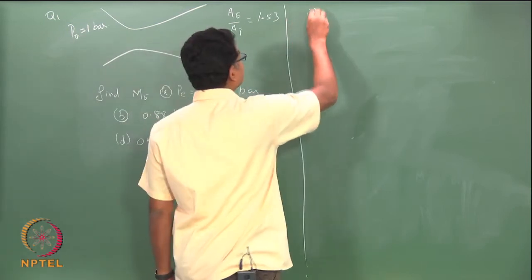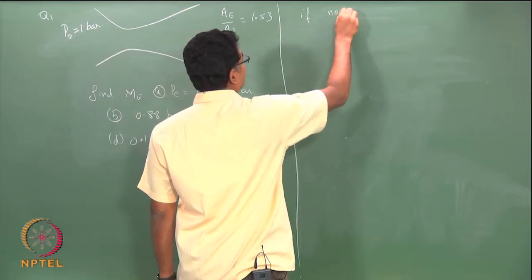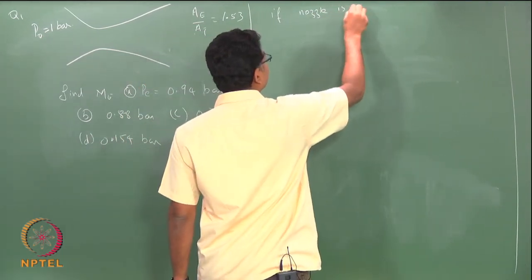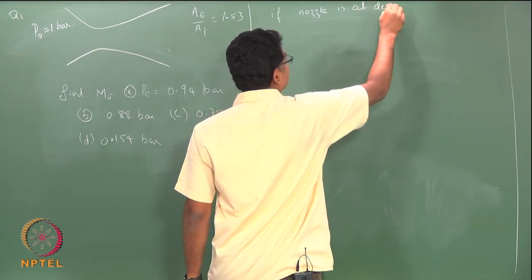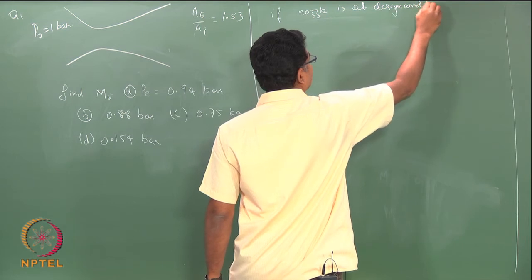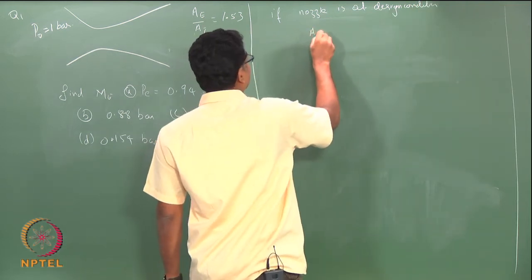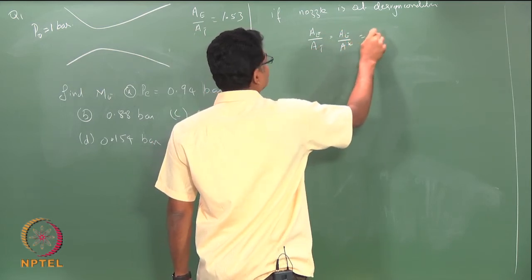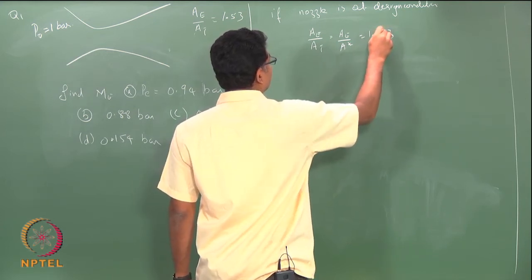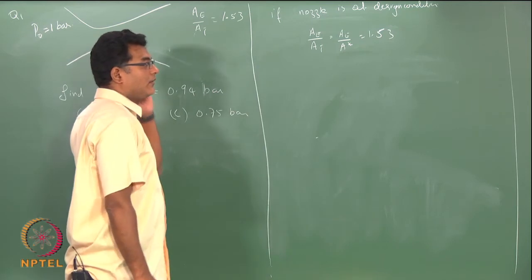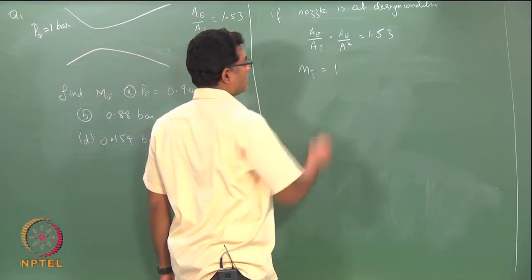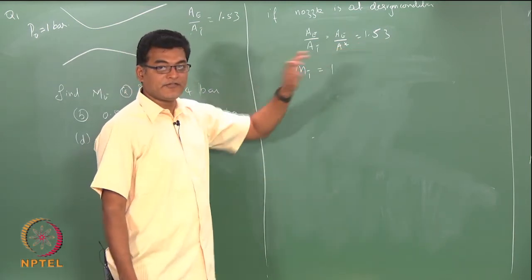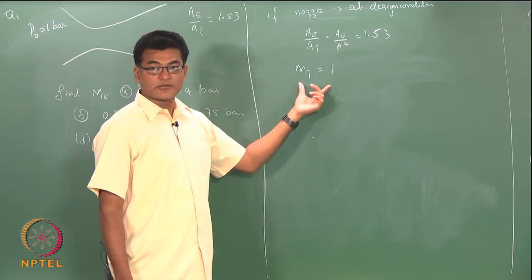We do not know whether it is a design condition or not, but let us take if the nozzle is at design condition, AE by A throat is your AE by A star, which is 1.53, which means your Mach number at the throat is 1.